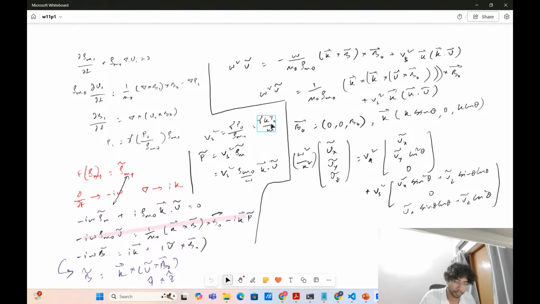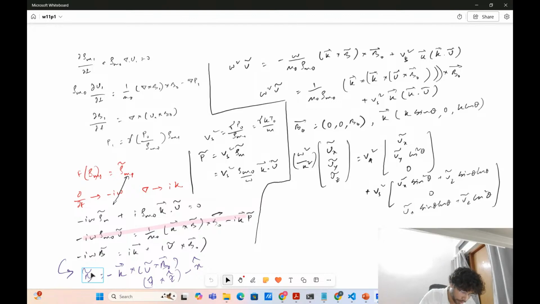So Y cross Z is minus X, right? And if we take the X component of k, you can see that this X cross X will vanish. So only the Z component of k will give rise to a non-zero b tilde.